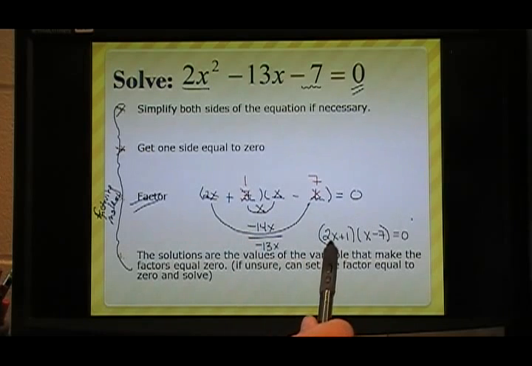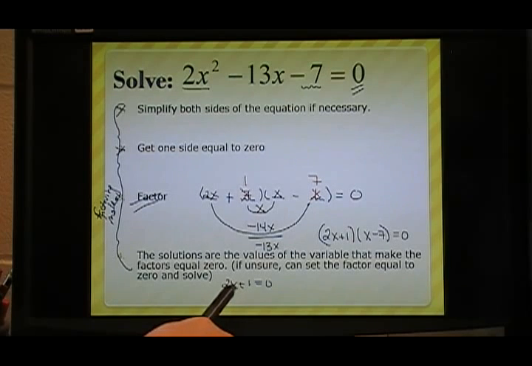So if you're looking at this and trying to decide, okay, what would x have to be so that 2 times that number plus 1 gives me 0, you can always just take the factor, set it equal to 0, and solve to find your solution. So I can take my 2x plus 1 and set it equal to 0 and solve that equation.